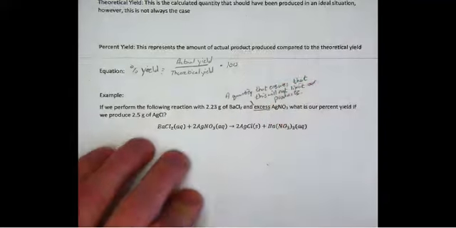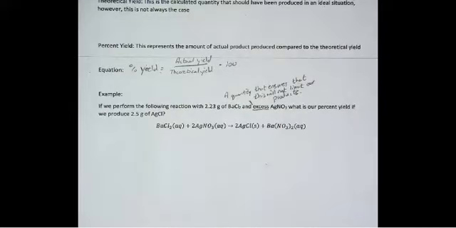So if you're reading a problem or performing an experiment and you have excess of a particular reactant, all that tells you is that this will not be your limiting reactant.